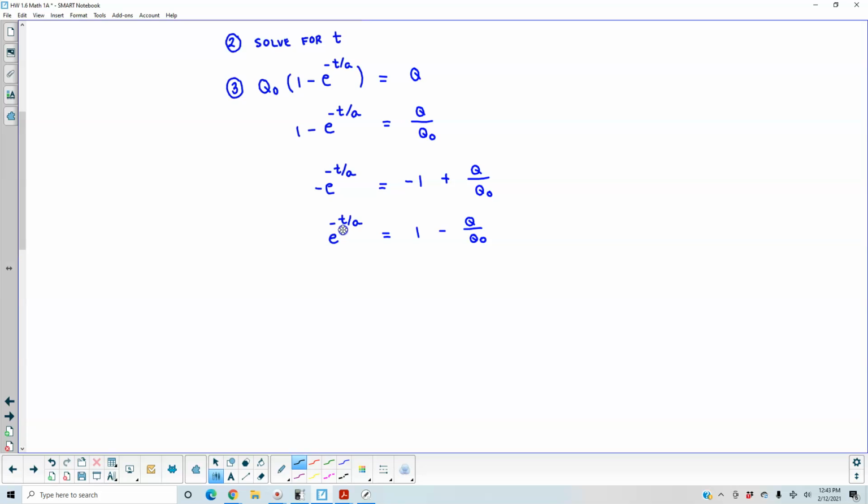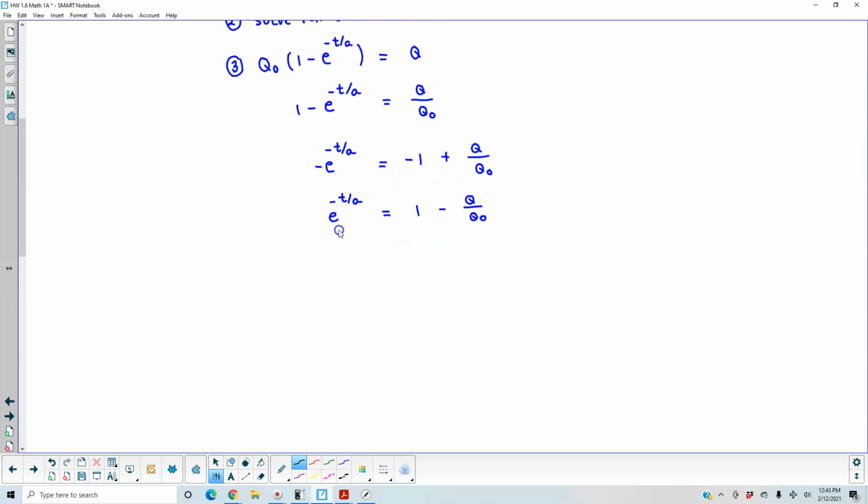Now in order to solve for t, we can take the natural log of both sides since the base here is e. So we have the natural log of e to the negative t over a, and that's going to equal the natural log of 1 minus q over q subscript 0.